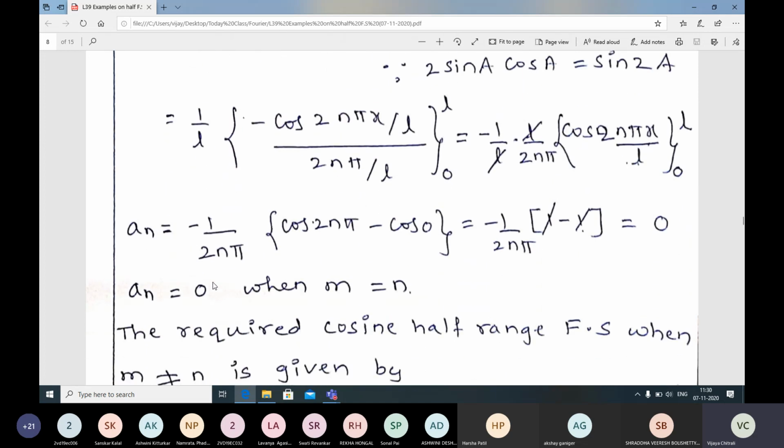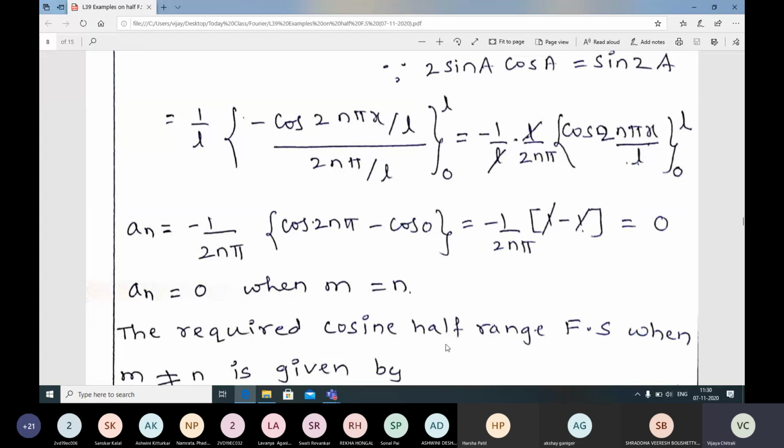So an is equal to, this L gets cancelled, minus 1 upon 2n pi, cos 2n pi minus cos 0. Cos 2n pi is 1 and cos 0 is 1, so minus 1 plus 1 gets cancelled, 0 into something is 0. When m is equal to n, we have an as 0.